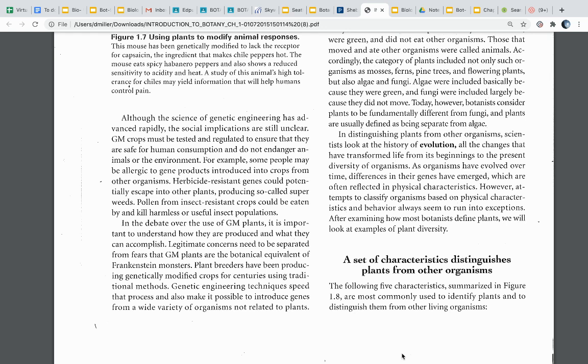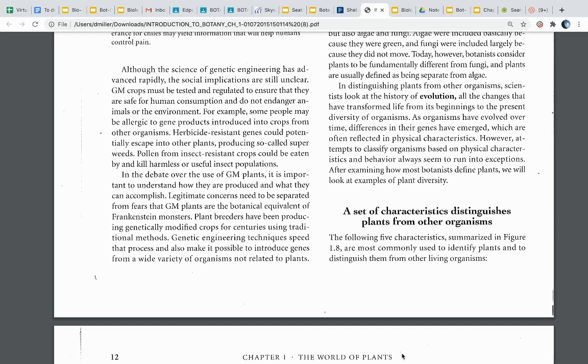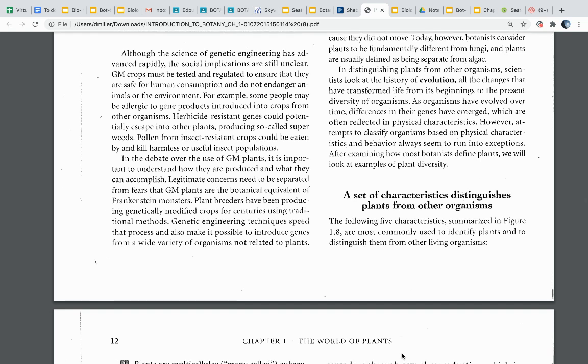Today, however, botanists consider plants to be fundamentally different from fungi, and plants are usually defined as being separate from algae. In distinguishing plants from other organisms, scientists look at the history of evolution, all the changes that have transformed life from its beginnings to the present diversity of organisms.